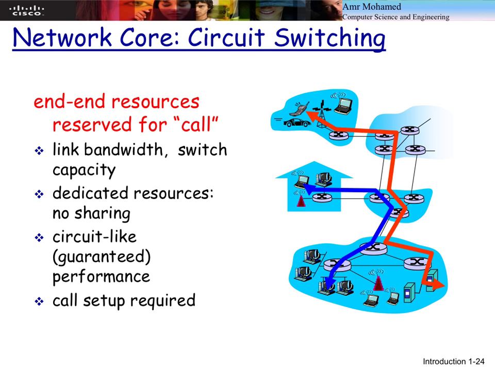Because once you create that circuit, you have a guaranteed quality of service. Why? Because you have a guarantee that whatever you send will get to the other side in a specific time and in a specific order. It's like an actual pipe.